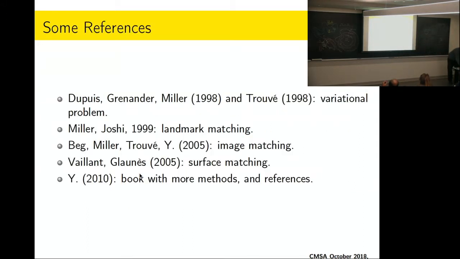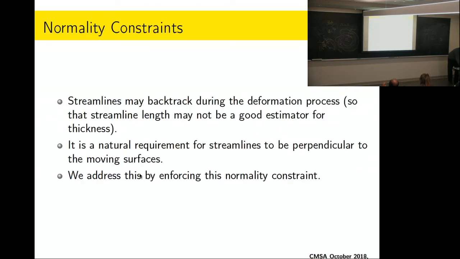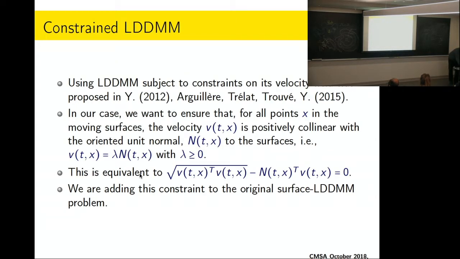So okay, that's some references. If we apply this without requiring that the streamlines are perpendicular to the surfaces, we get something that may have strange behaviors, like the surface going forward and backtracking. This is not the kind of thing that we want. So we can modify the algorithm by adding constraints.